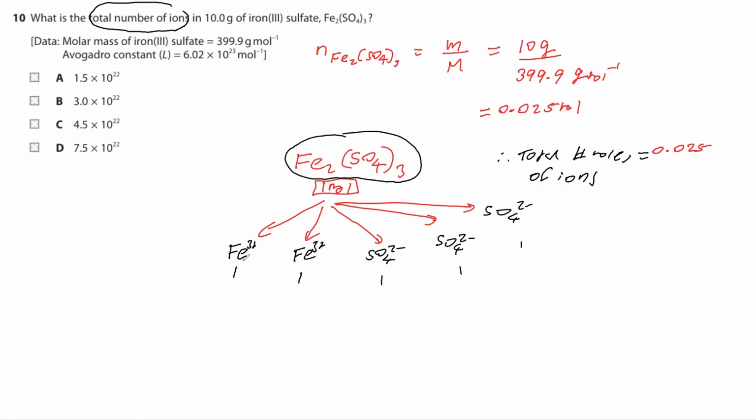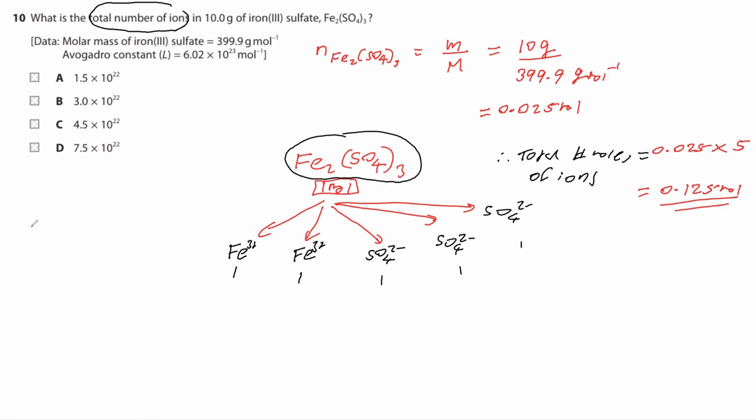We have to multiply that by 5 because 1 mole of it has 5 moles of ions. So 0.025 mole of it will have 5 times that number of ions, which will be 0.125 moles. Now I have the total number of moles of ions, but they are not asking for the moles. They are asking for the number of ions.